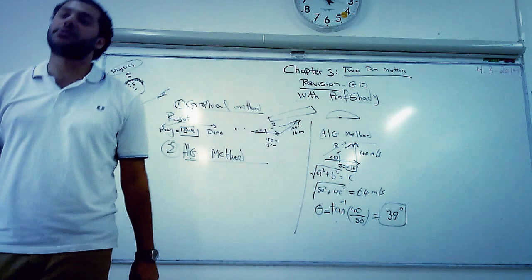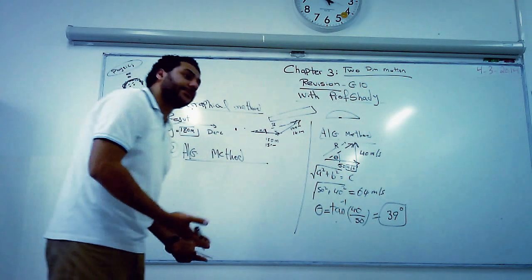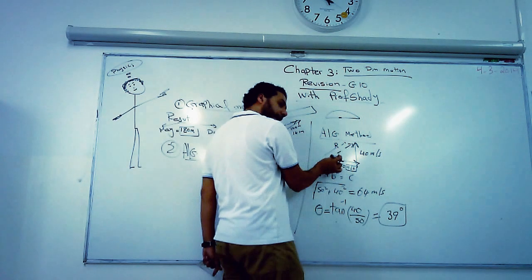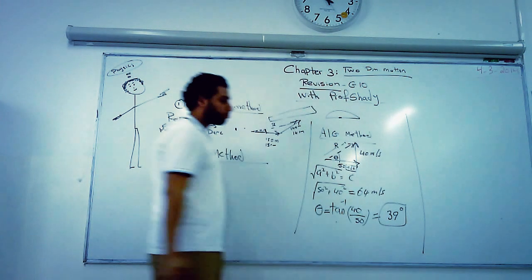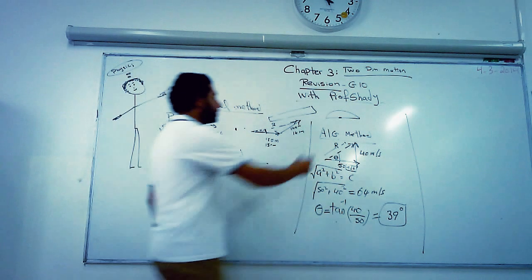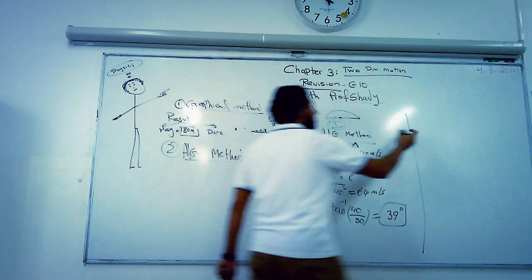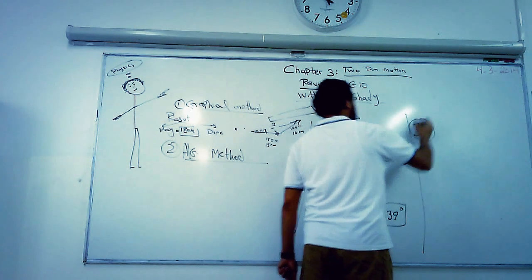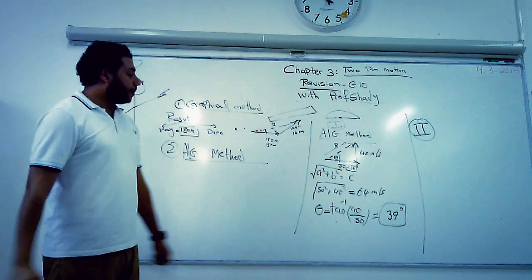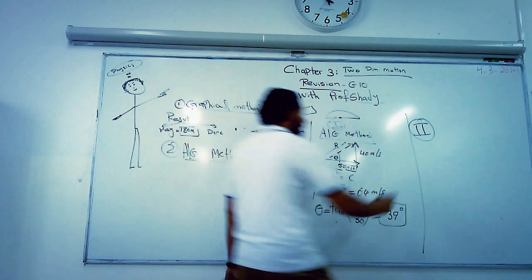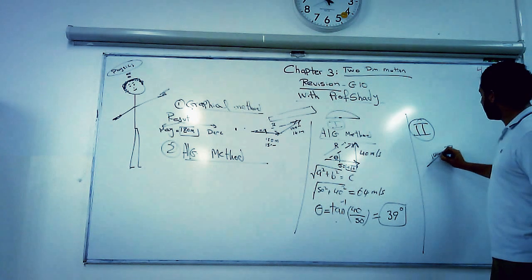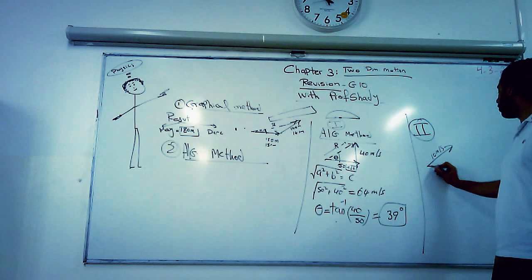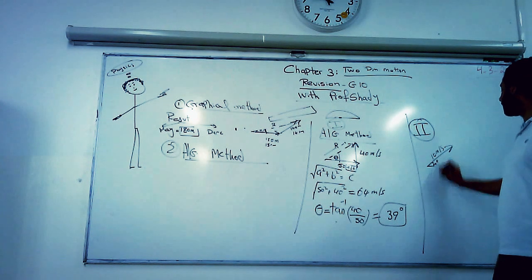This is case 1. Case 2 is the opposite. I will give you the magnitude and the angle, and I need the two components. So let's plot it here. Case 2 basically is telling me that if I have an airplane that moves at 10 meters per second at an angle of 30 degrees.